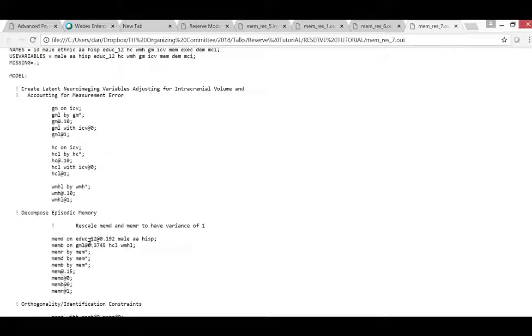The DEM and MCI part of the formative factor, would it be an idea to first run it and see the factor scores and then use that as input?